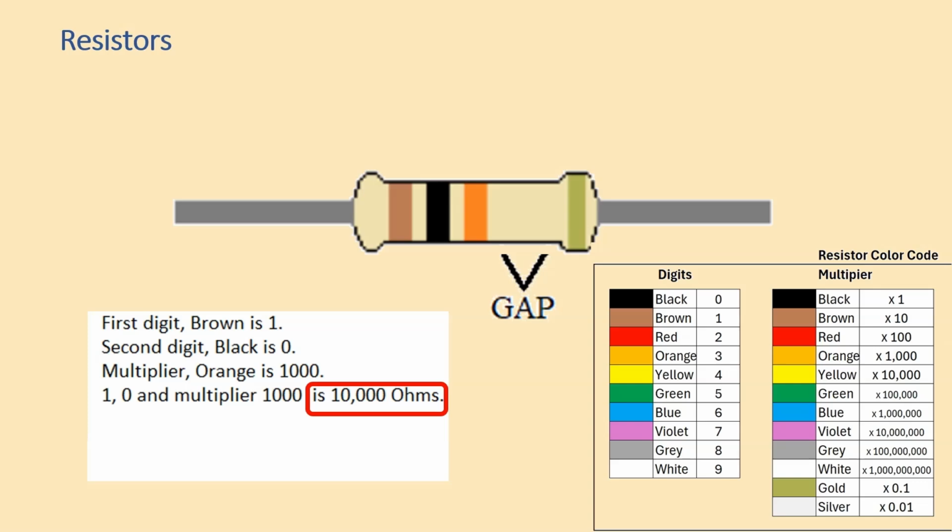We have read all the bands for the resistance value, so let's put that information together. The digits 1, then 0, give us the number 10, and the multiplier is 1000. So 10 times 1000 is 10,000 ohms, or call it 10 kilo-ohms.